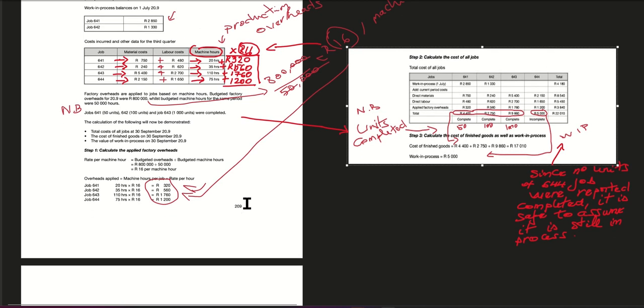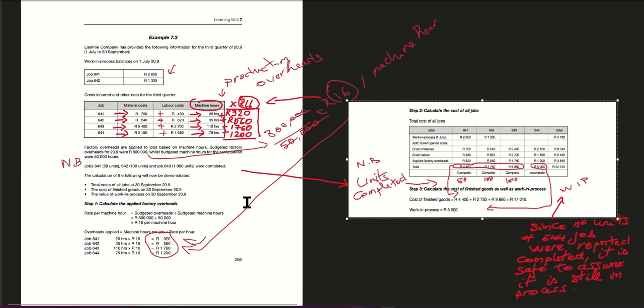All right, but now something that is quite important, we were talking about finished goods. If you look at another line, where it says nota bene, NB, it says jobs 641, 50 units, 642, 100 units, and job 643, 1,000 units were completed.